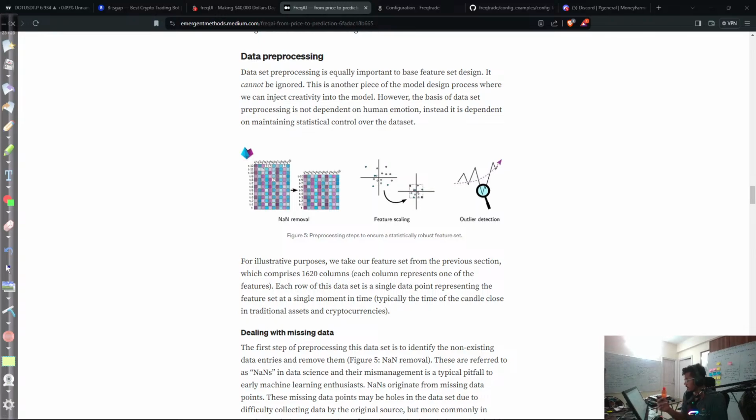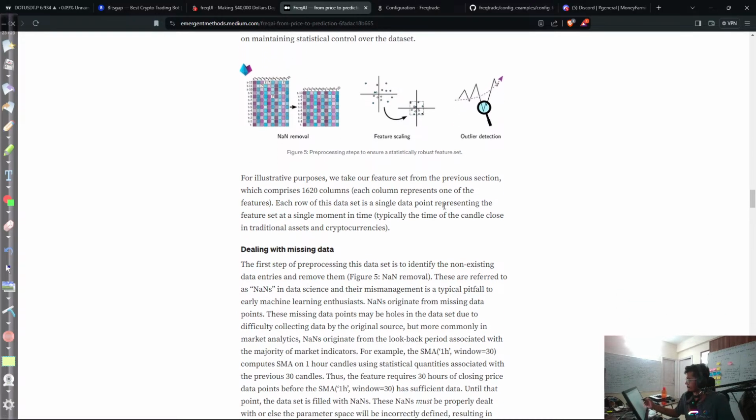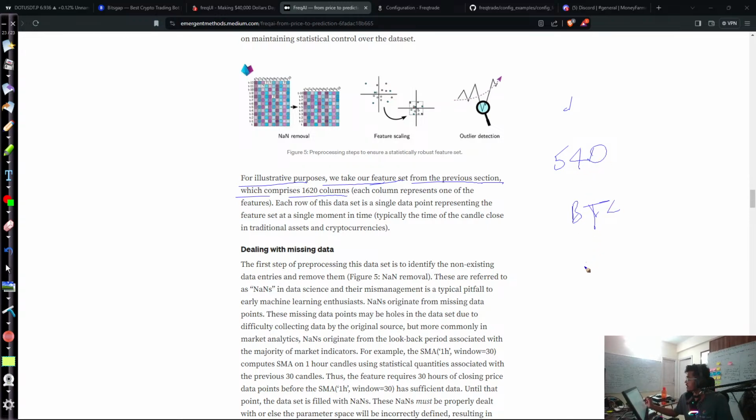So let's continue. Okay, so here for illustrative purposes, we take our feature set from the previous section, which comprises 620 columns. You remember, you got 540 for each of the coin pair, and as we added Bitcoin and Ethereum, our dimensionality got increased, and we multiplied it by 3, and that's how we got this number.